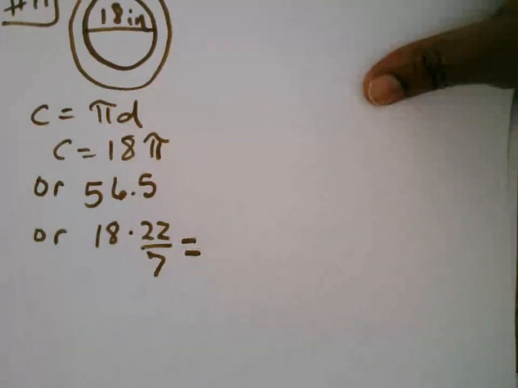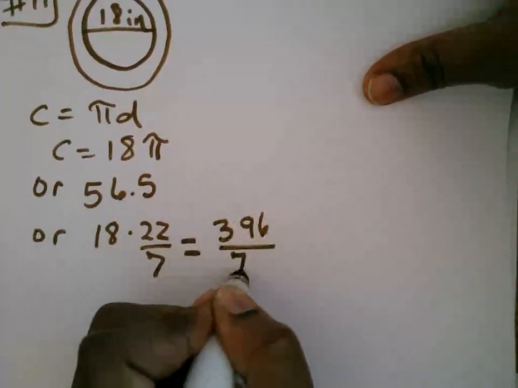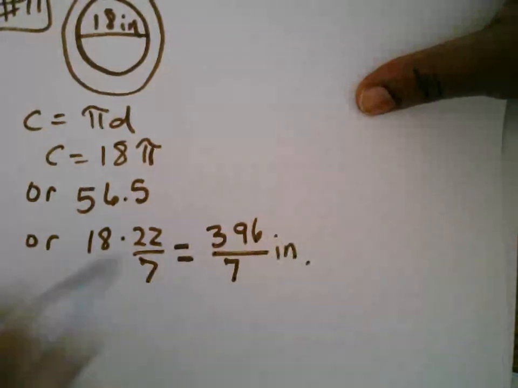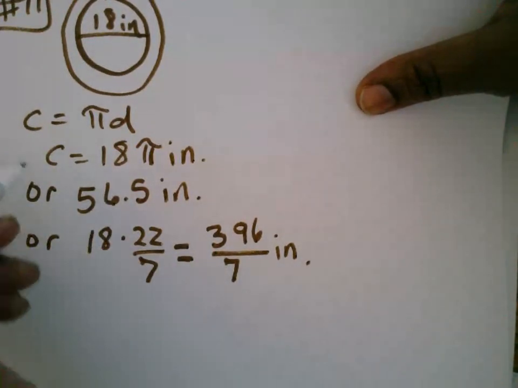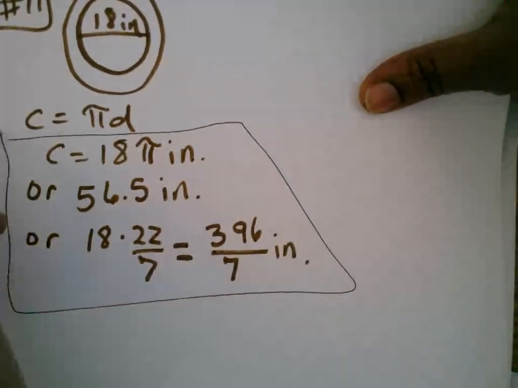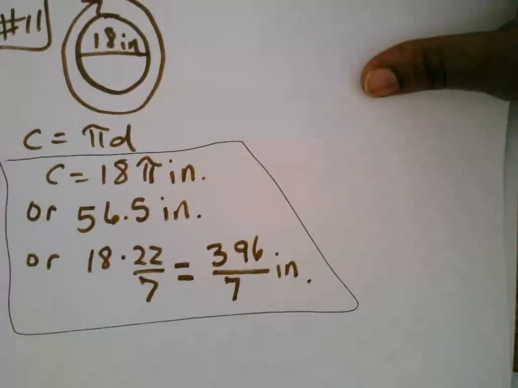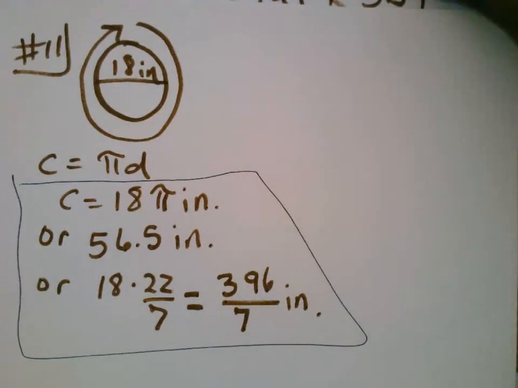Yes. 56.47. 396 over 7 inches. Inches and inches. All 3 answers. What if you put 56 and 4 sevenths? That's fine. All right, number 12.